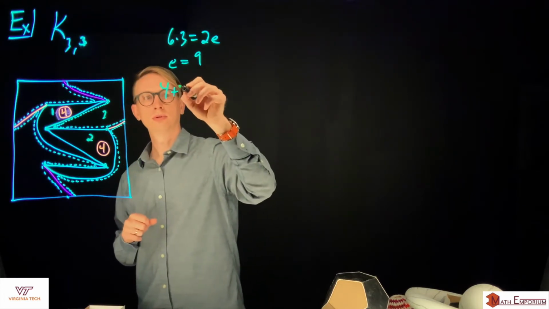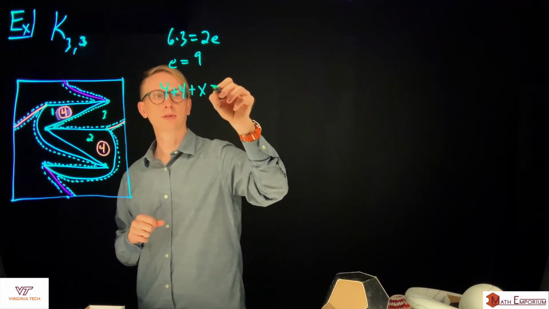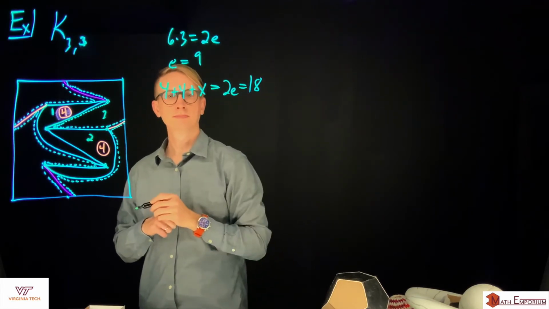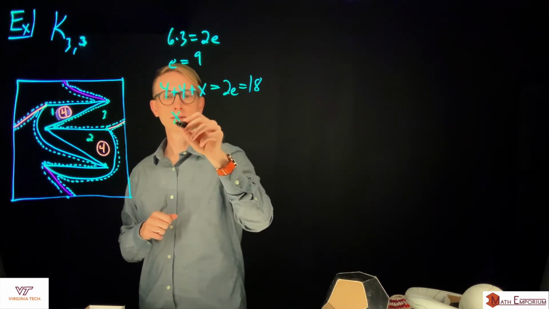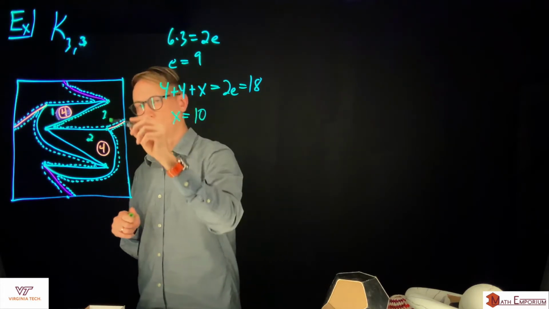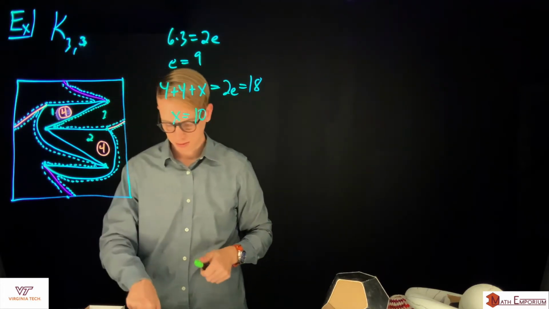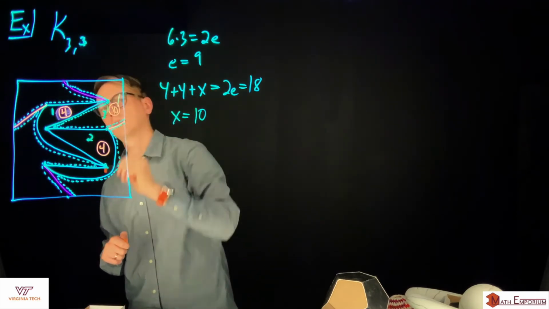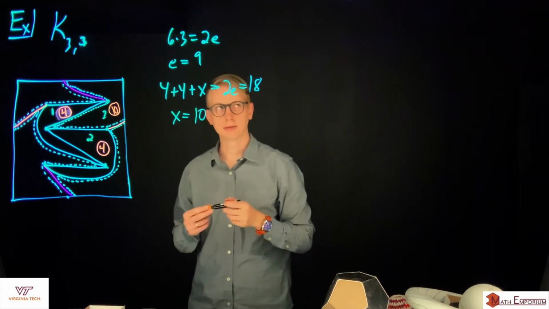All right, so 4 plus 4 plus x needs to be equal to 2E, which is 18. So it looks like x here would be 10. So face number 3, we suspect, and this better work, has degree 10. Right, it's a decagon.